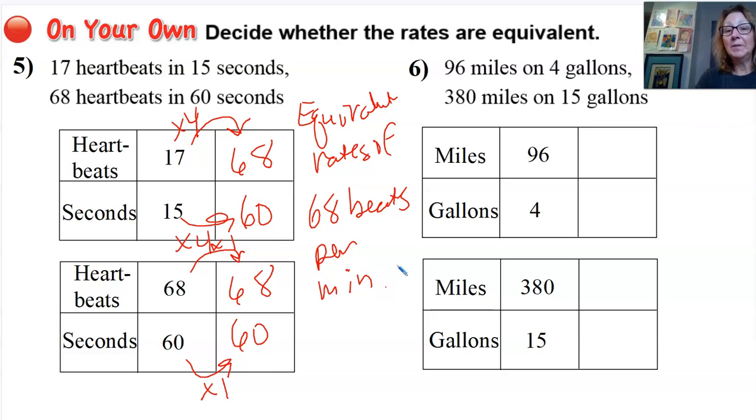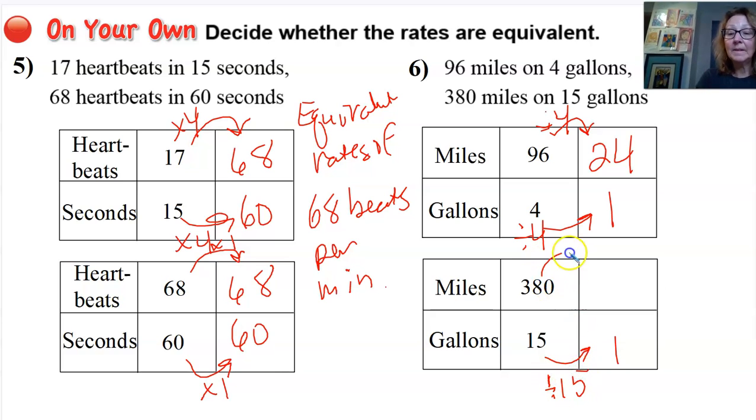Okay, so here is, let's say you're comparing gas mileage. One car goes 96 miles in 4 gallons, and the other one goes 380 in 15 gallons. So I might just go ahead and find a unit rate. So I'm going to divide this by 4, divide by 4. You get 24 miles per gallon, and then this one needs to be divided by 15 and divide by 15.